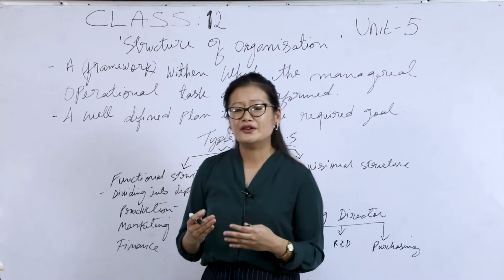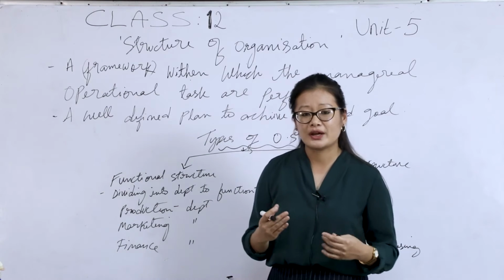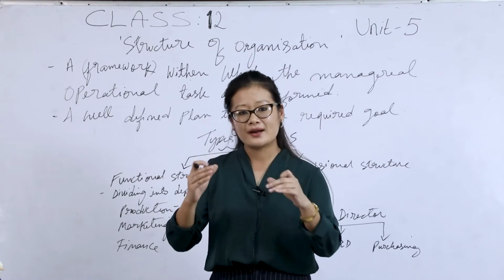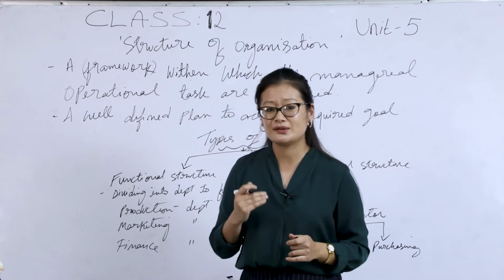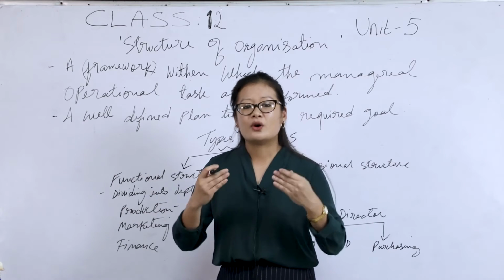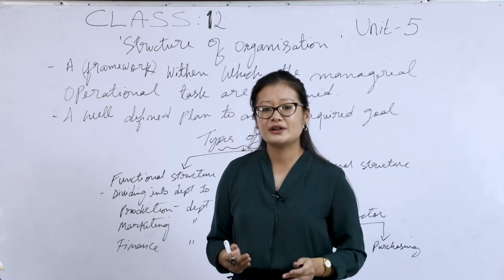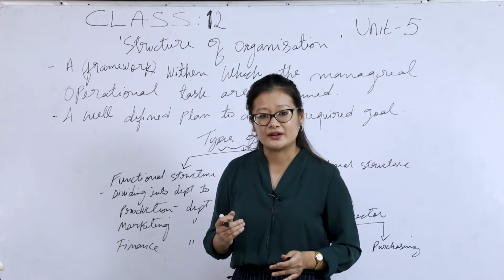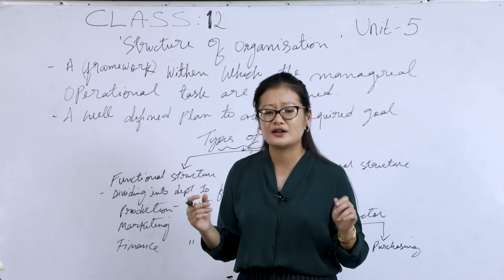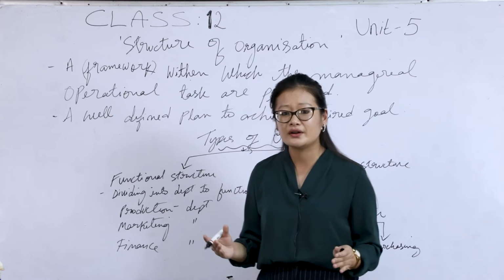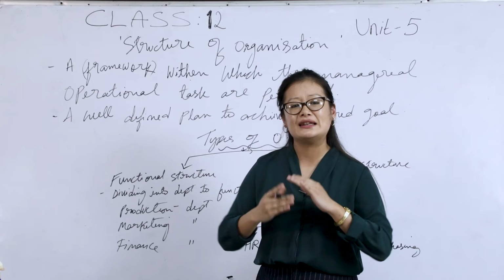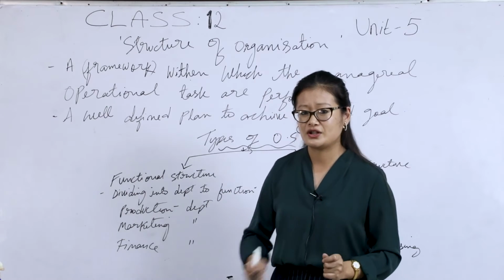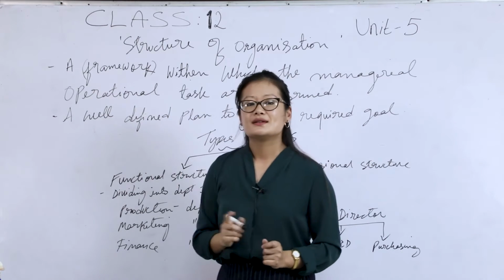We know that under an organization, when things are well settled and arranged in a systematic manner, it becomes very convenient for the organization to achieve their target. They have a smooth functioning. In fact, in all the levels of organization, there should be a framework.